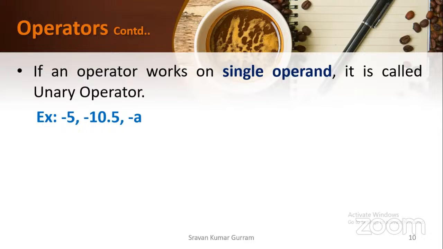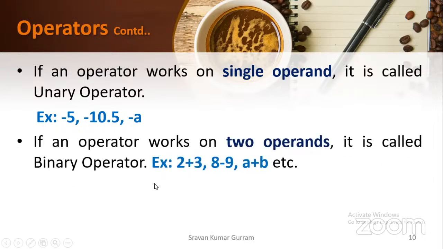Minus 5, that is valid. In this case, that minus is called unary operator, unary minus. In the same way, minus 10.5, minus is a unary operator, because how many operands are we using here? Only one, 10.5. Minus a, this is also a unary operator. Minus is a unary minus operator, a single operand, right?